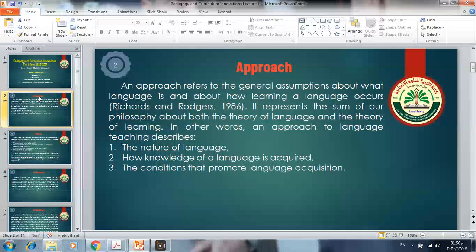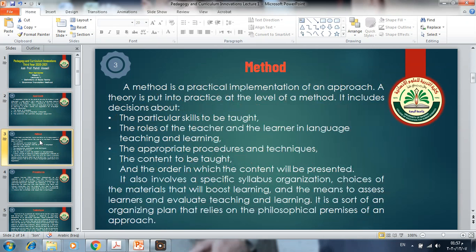So whether we are first language learners or second language learners, there are assumptions about how language is acquired, whether it is your first language or your second language. And of course, it also gives us the assumptions about the conditions that are used to promote language acquisition. So this is all about approach.